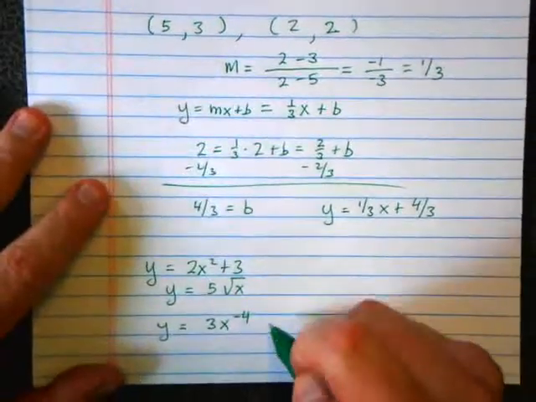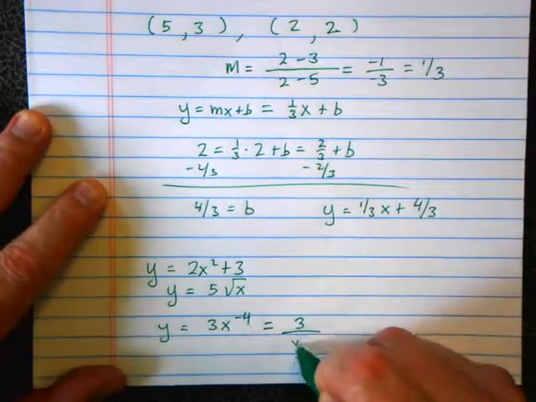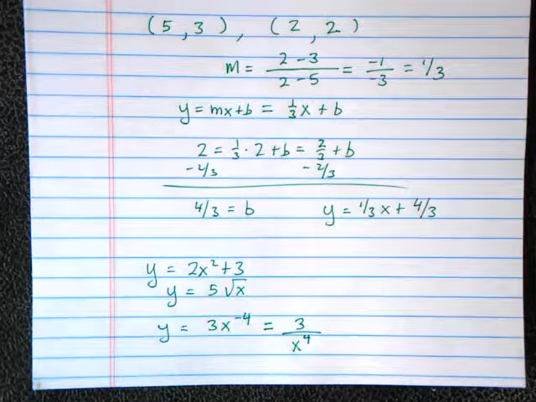Okay, so what you're telling me is I could rewrite this as 3 over x to the 4th. You're absolutely right. Negative exponents drop things to the bottom. Was it a line? You don't think it is? Why not? I don't think it is either, by the way.